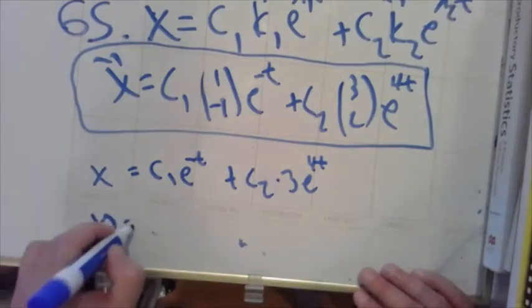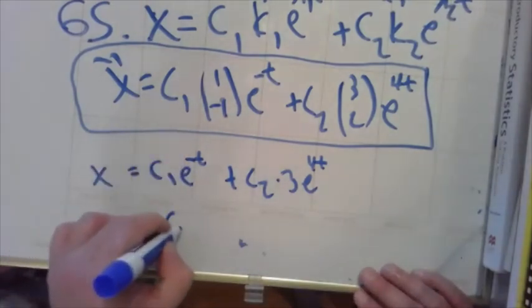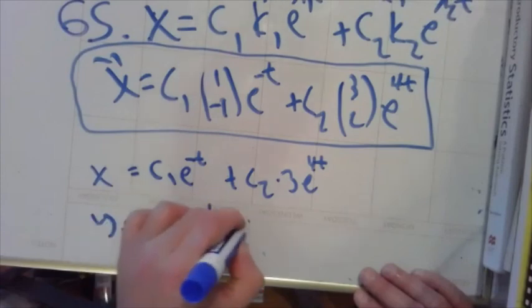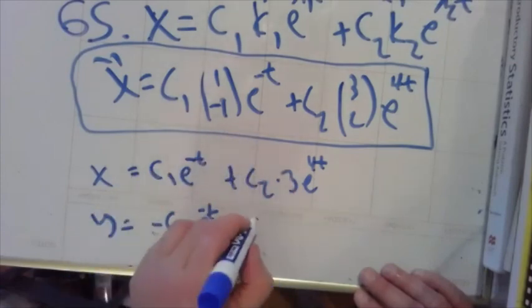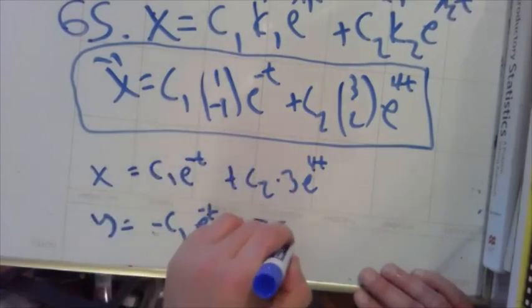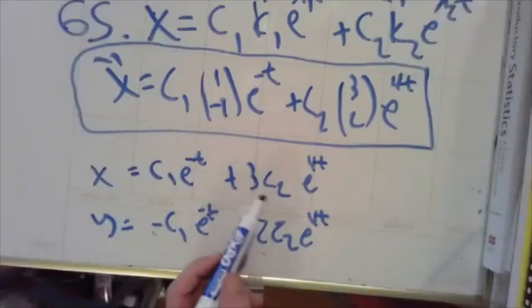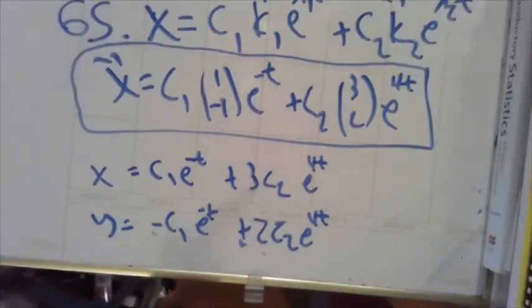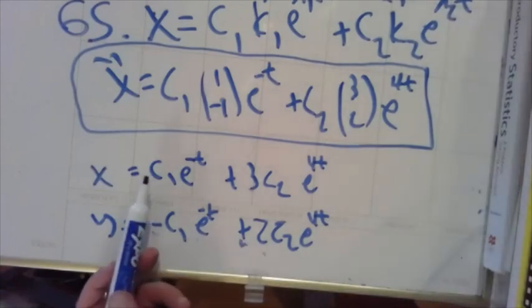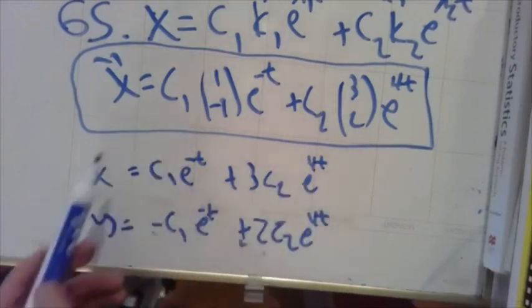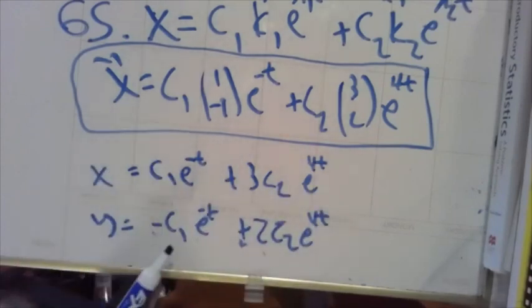And y is the bottom line. Negative C1 e to the negative t plus, I'm going to put my coefficients in front, 2 C2 e to the 4t. You might be tempted to go, oh, I can absorb those constants into my c's. No, you can't. This is now a system of equations. If we want to solve an initial value problem, I need to solve this with the 3 and the 2 and the 1 and the negative 1. I need to solve this for C1 and C2.